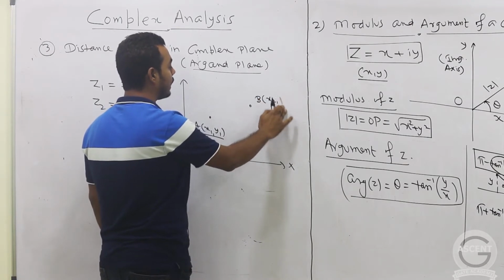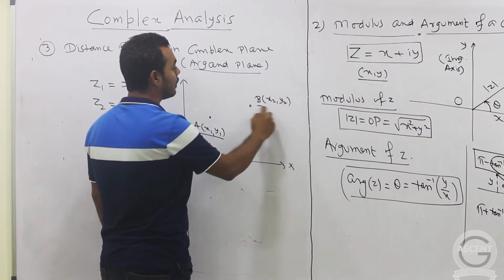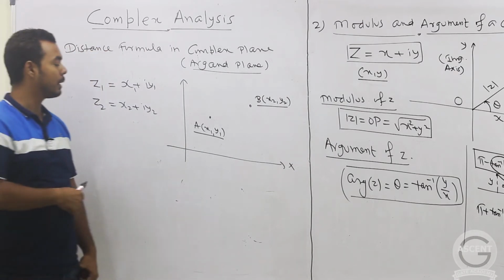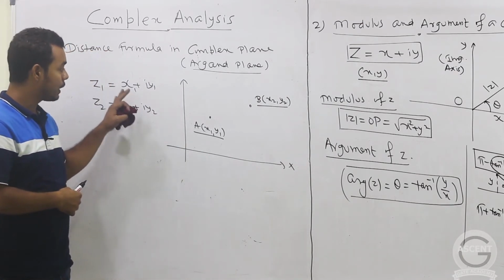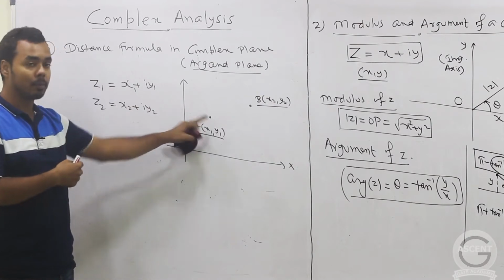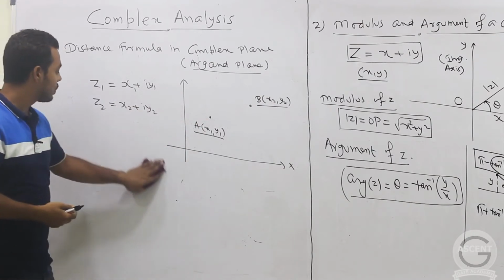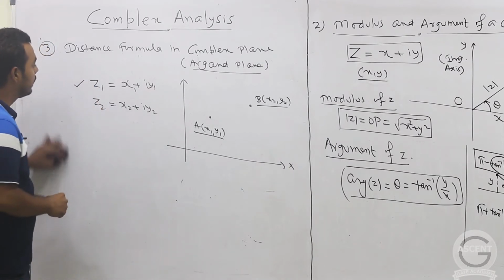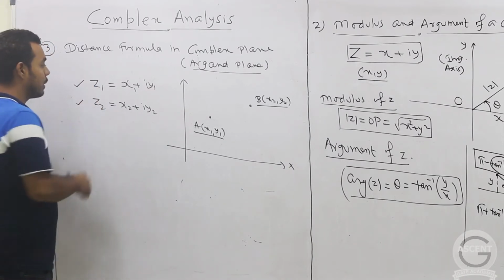As we have seen, any complex number can be represented by a point in the complex plane.